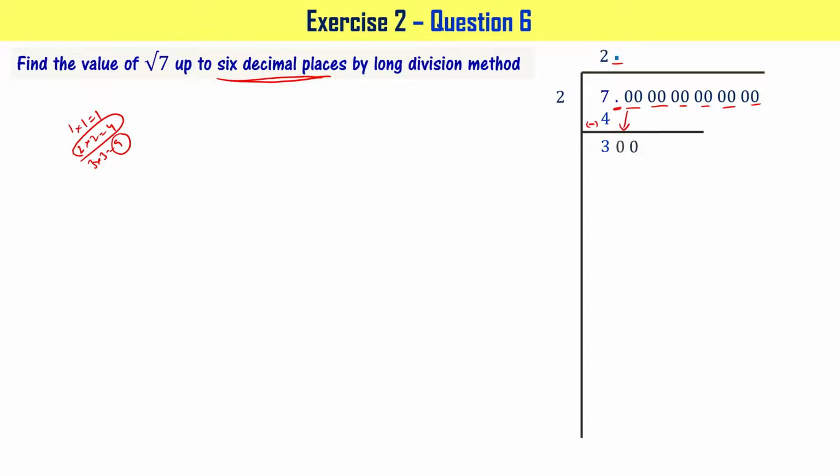When I do that, 3 becomes 300, right? Now, since I have 2 here, that 2 becomes 2 times 2, that is equal to 4. Let me write 4 here first. And we have to find one digit which suits the requirement.